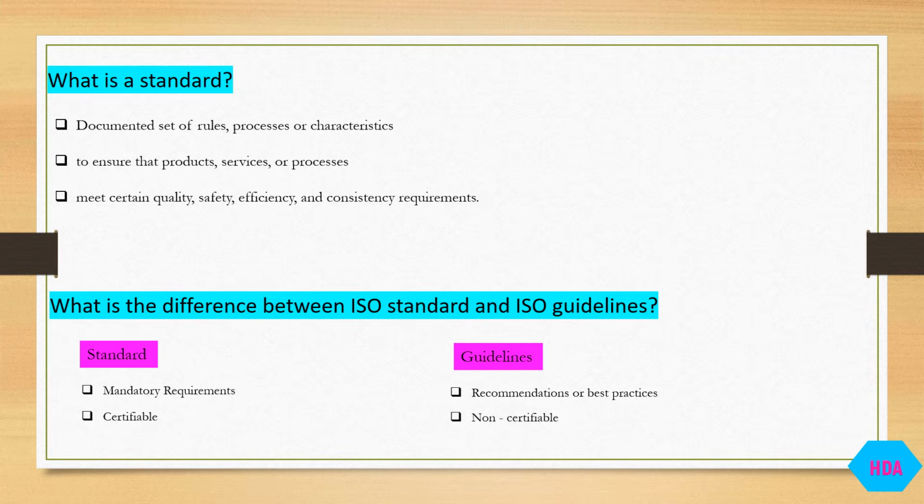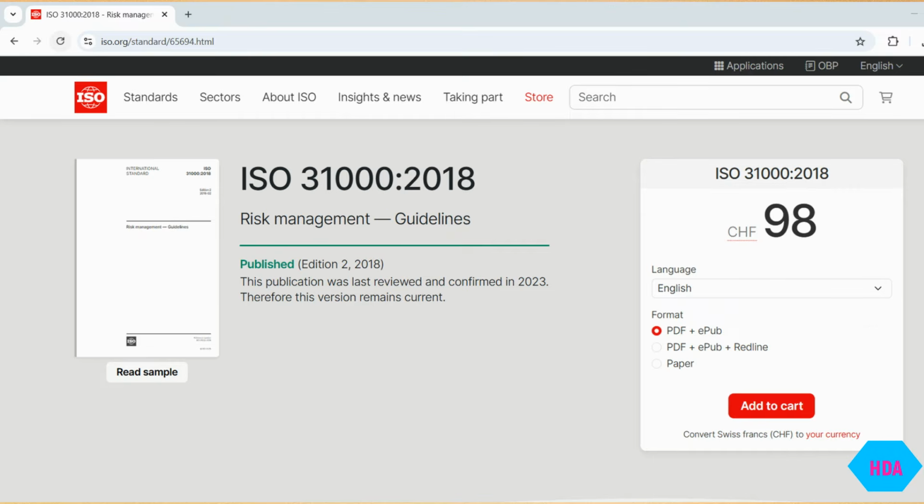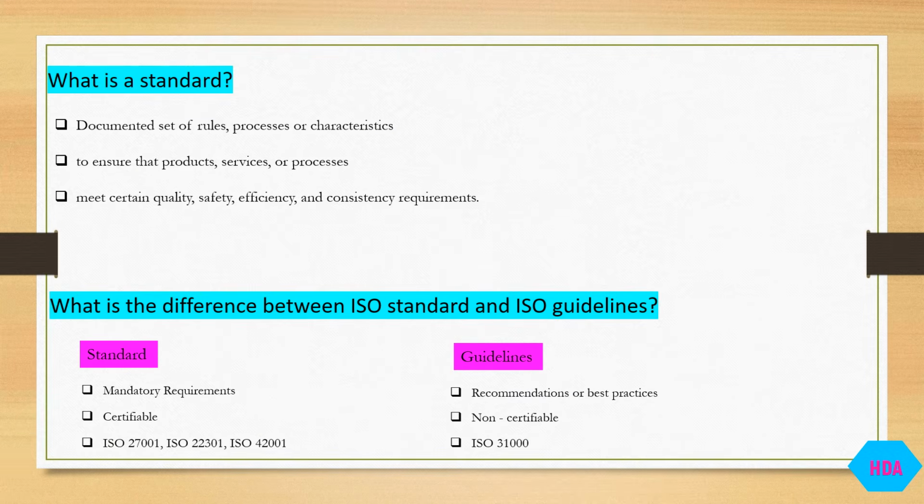Guidelines are non-certifiable. Examples of a standard can be ISMS, that is 27001, Business Continuity Management System, or maybe AIMS. ISO 31000 is the risk management guidelines. So, an organization cannot be certified for ISO 31000.